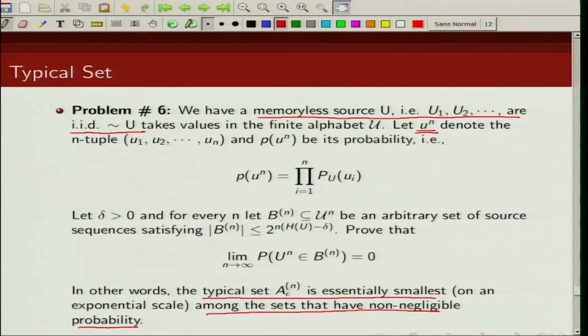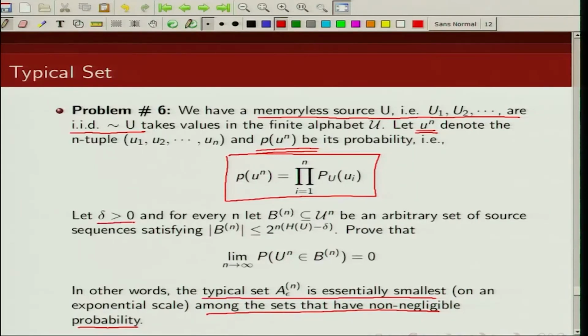Let un denote an n tuple, so u1, u2, u3, up to un, and its probability is given by p of un. And since it's a discrete memoryless source, we can write this probability of un as the product of the probabilities of ui, over i going from 1 to n.